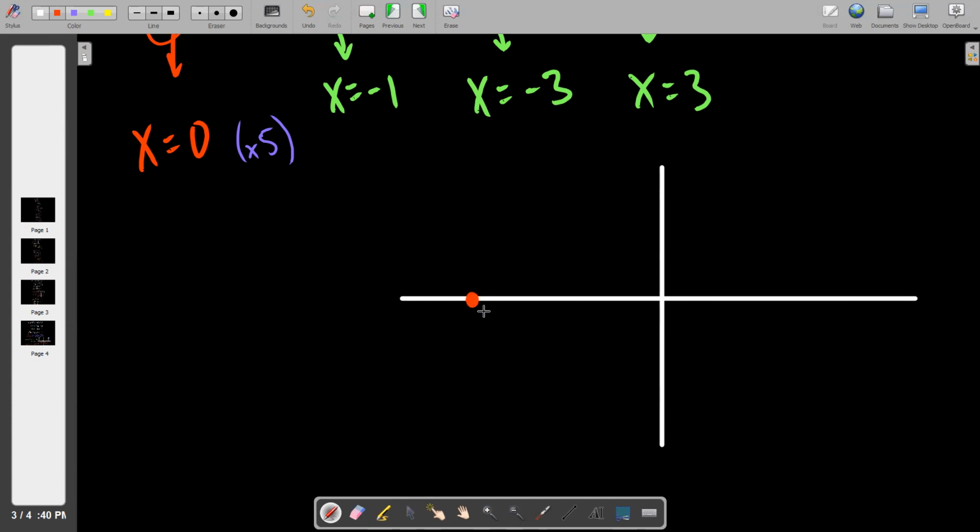So I'll stick a 0 there at -3. My next 0 occurs at -1, and that's probably right about there. My next 0 occurs at 0. That's the exciting one. And then my final 0 occurs at 3. So way over here somewhere. Something like that.